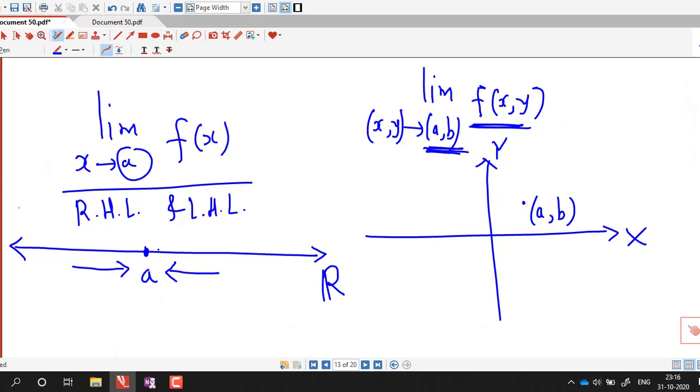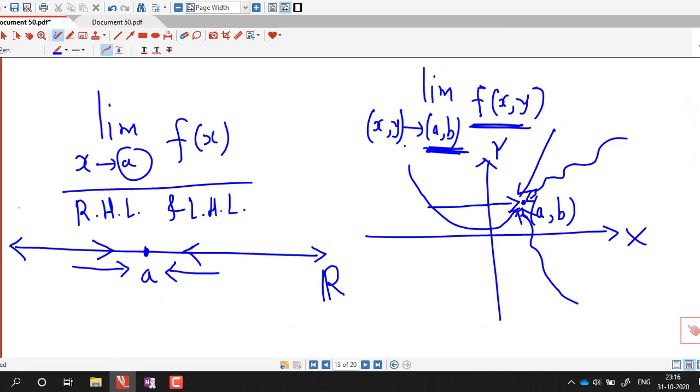Now in contrast to the one variable case, where there are only two possibilities, either approaching a from the left hand side or from the right hand side, here, to approach this point (a, b), there are an infinite number of paths. We can approach (a, b) in this direction, or in this direction, or in any path in the xy plane.